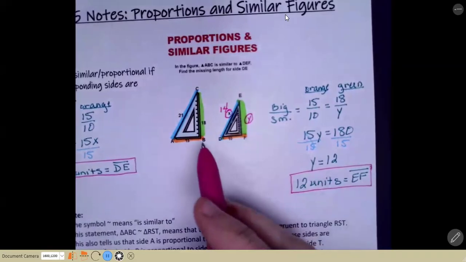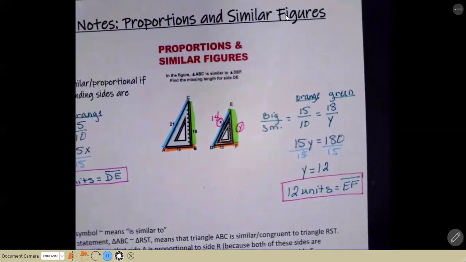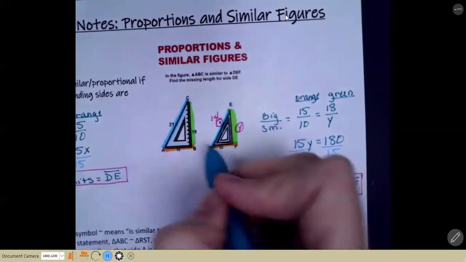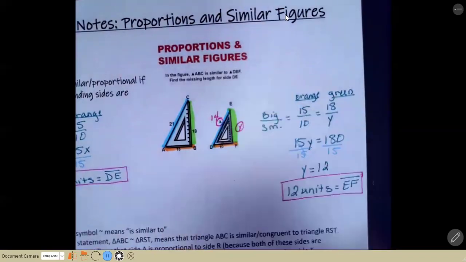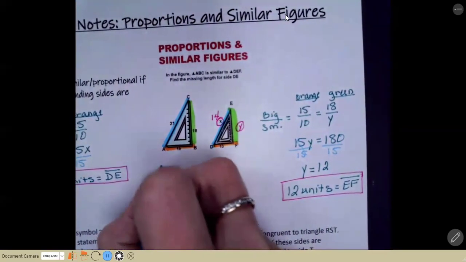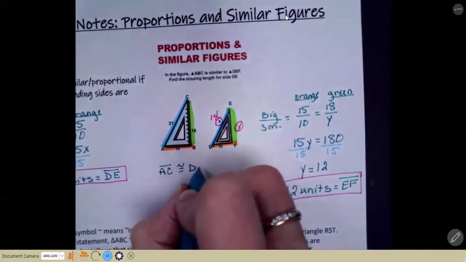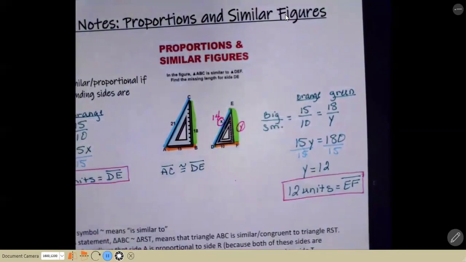Okay. So whenever you're talking about equivalent sides and angles, I'm going to show you how to write them. So notice AC and DE are highlighted. You would write this as AC is equivalent to DE. Okay?